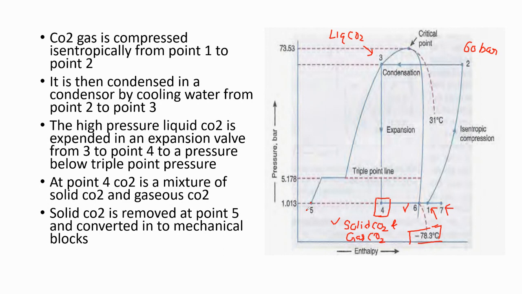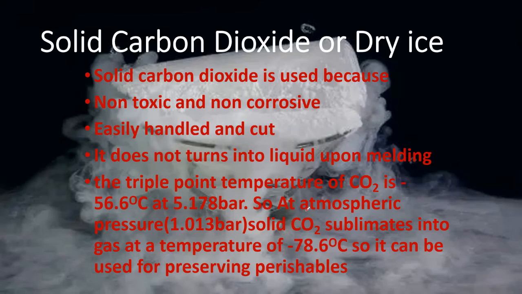Then, where and why do we use this solid CO2? It is used because it is non-toxic and non-corrosive, and that is why it is very much used in food items. It can be easily handled and cut, and the most important advantage is that it does not turn into liquid upon melting.